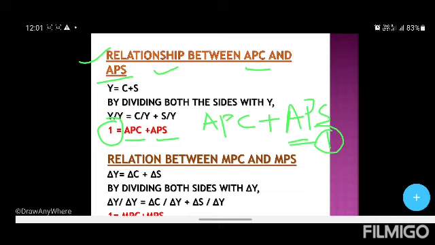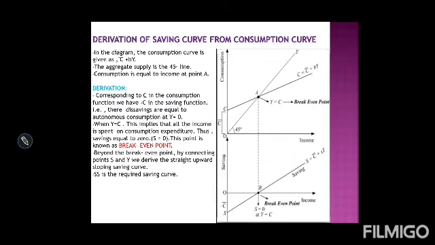Here is the derivation of saving curve from the consumption curve. A is the break-even point. Here, income is equal to consumption. We have already discussed it, that here the savings become 0. At point B, saving is 0.